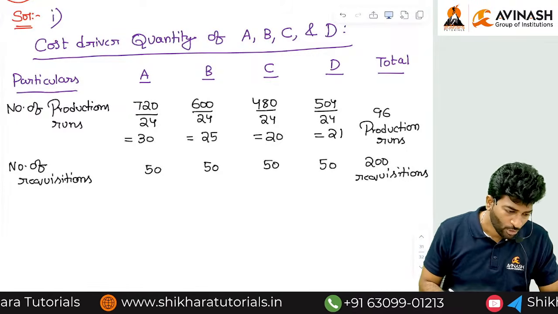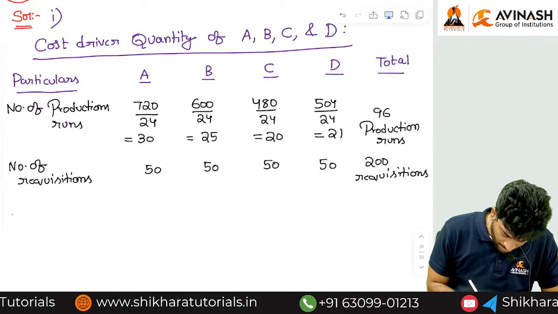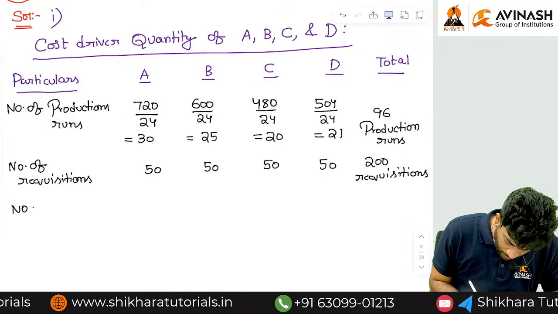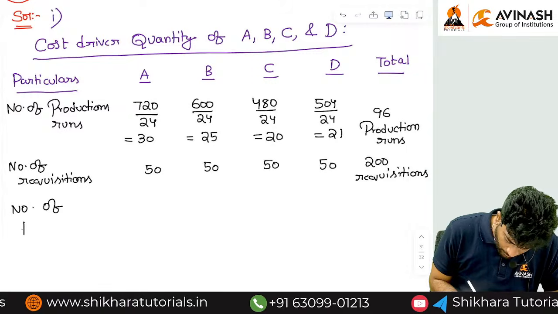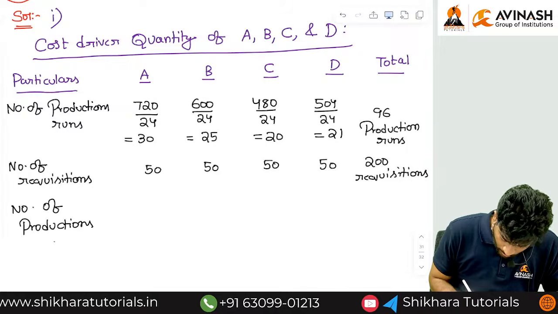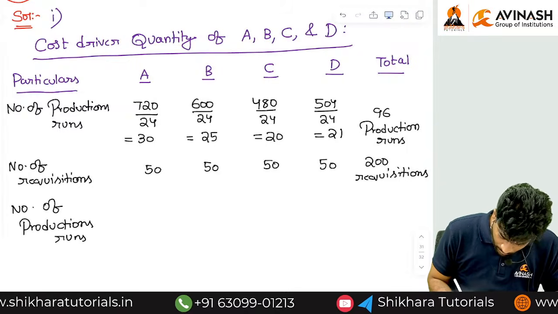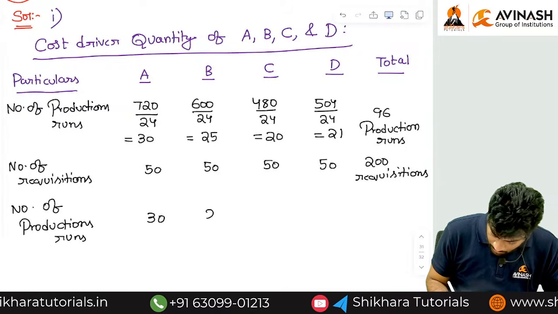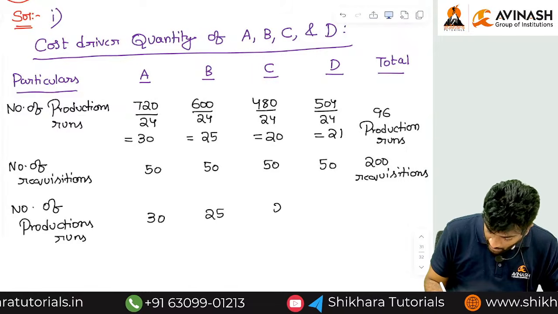Okay, so I'm going to write number of production runs. I'm copying the same first row again.